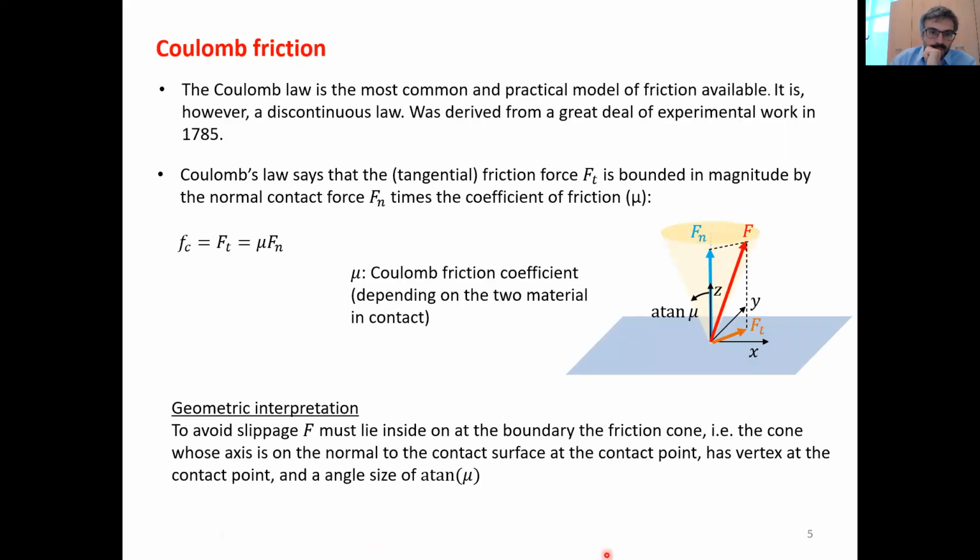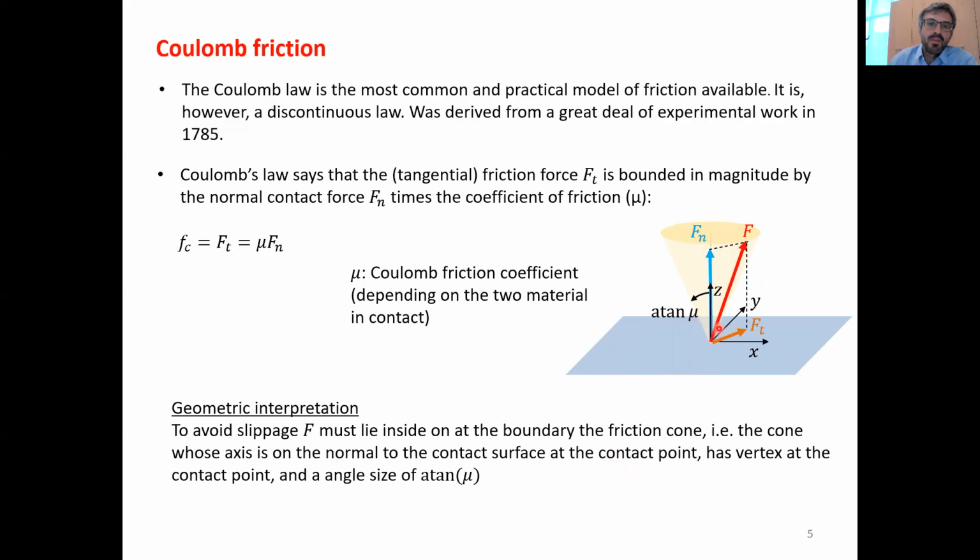And the geometric interpretation that we often use in robotics is that saying the friction force is limited in its tangential component with respect to the normal one is the same as saying that the friction force itself stays inside a friction cone, where the size and the opening of the cone are related to the friction coefficient.